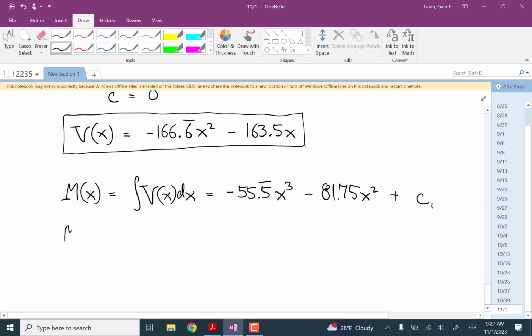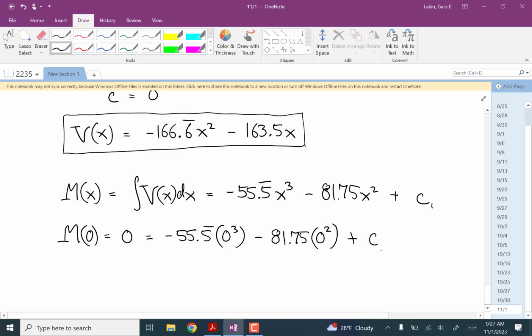And we know that this is equal to 0 when x is equal to 0. So negative 55.5 repeating times 0 to the third minus 81.75 times 0 squared plus c1 is equal to 0.